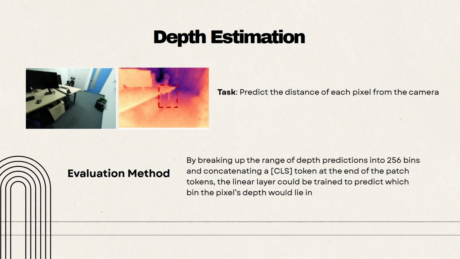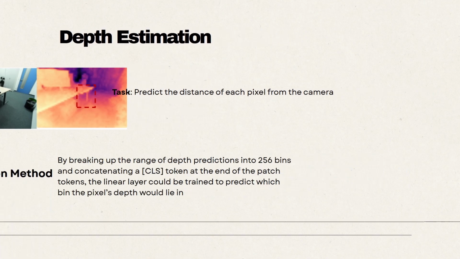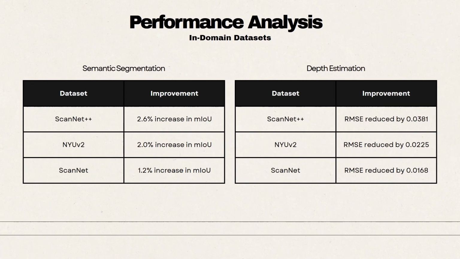Now, the base 2D feature extractor primarily utilized was DINOv2, a robust self-supervised vision model. Its performance was systematically evaluated both prior to and following the application of the 3D aware fine-tuning. Now, the performance within domain.